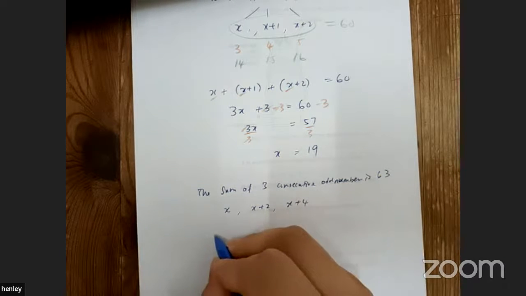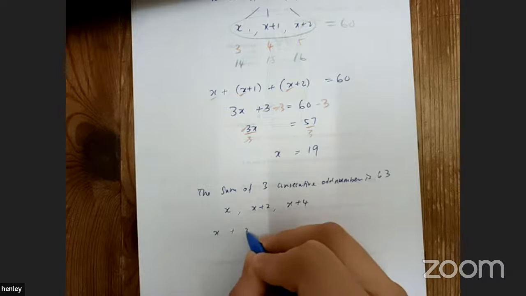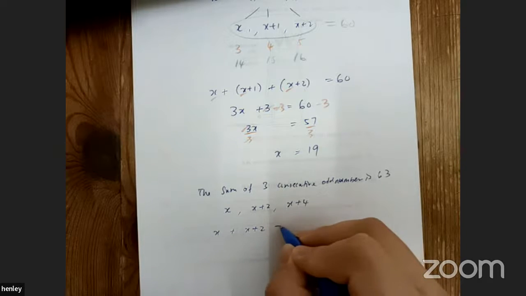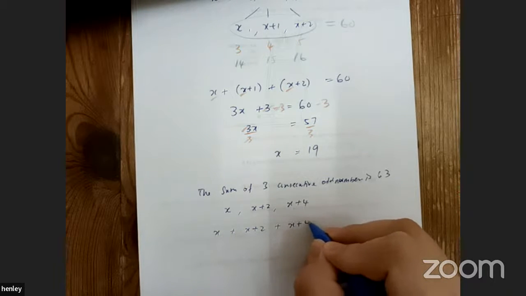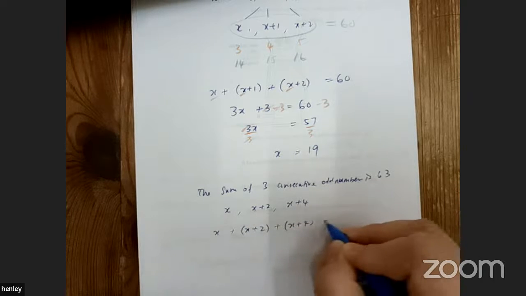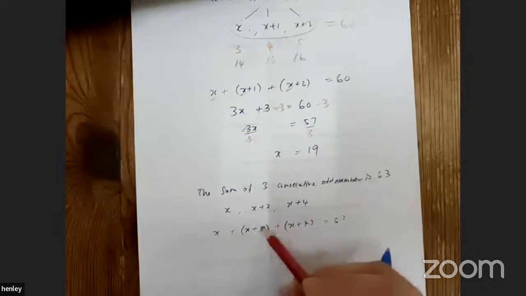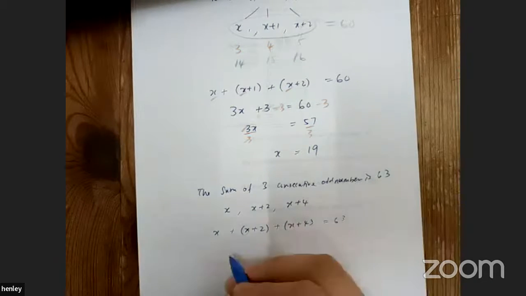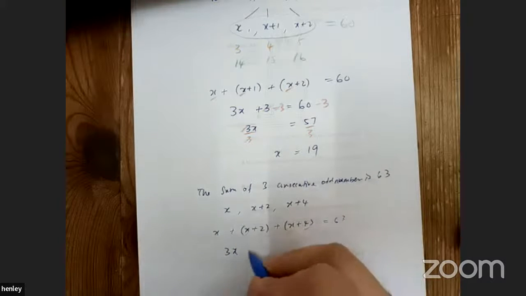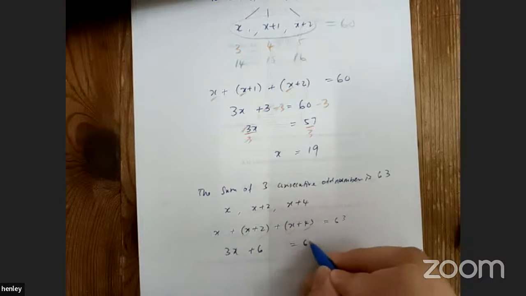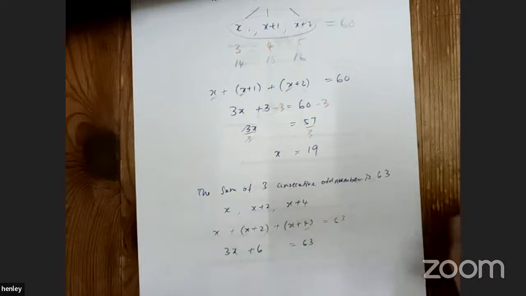So my equation will be x plus x plus 2 plus x plus 4 equal to 63. So I have 3x and 6, so I need to minus them.